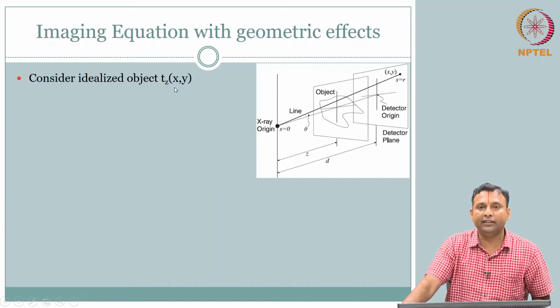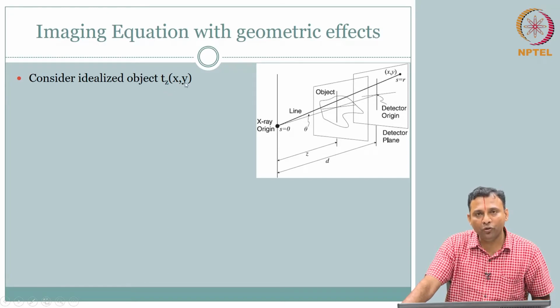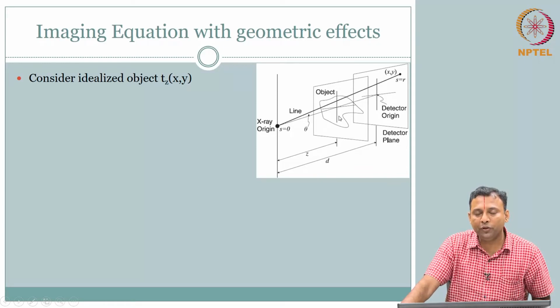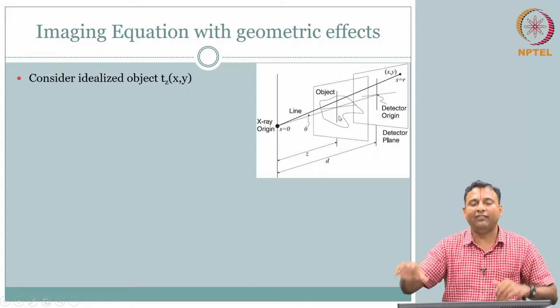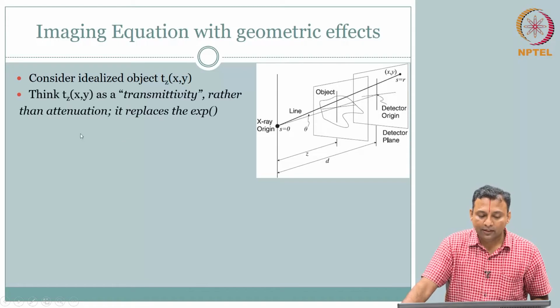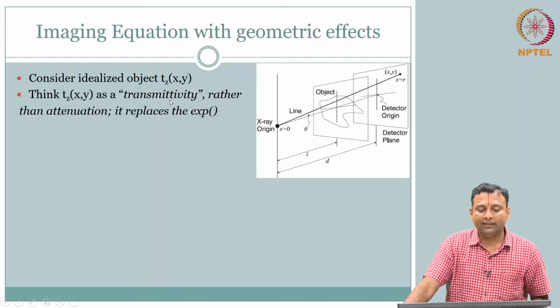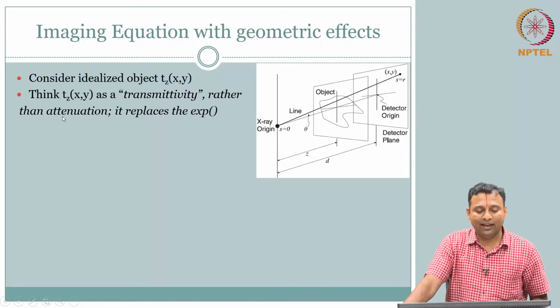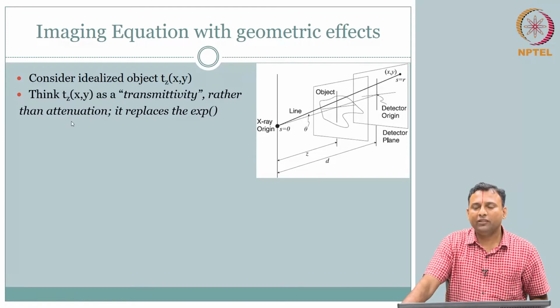Because it is infinitesimally thin, it does not have a thickness, and instead of just varying the mu, the object is actually mu into delta x. That is the value that you see as the variation. So think of Tz as transmittivity rather than attenuation. This is very straightforward.